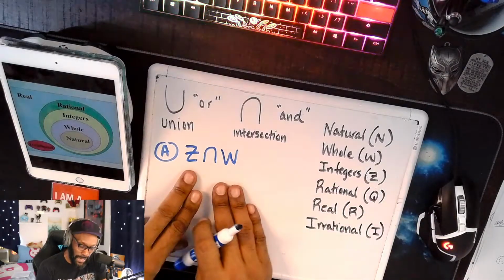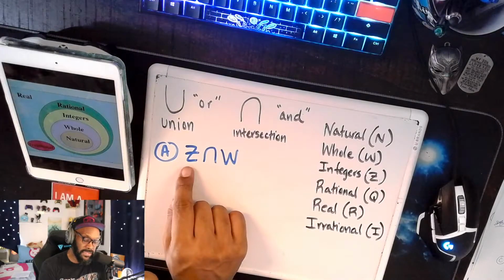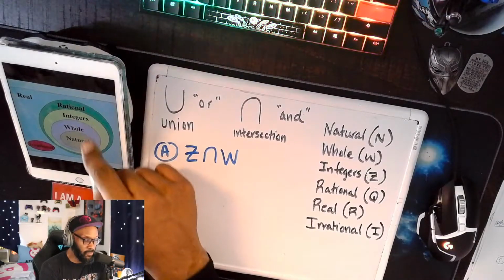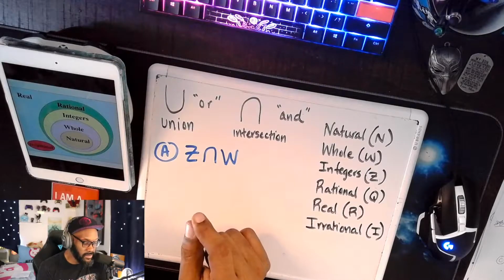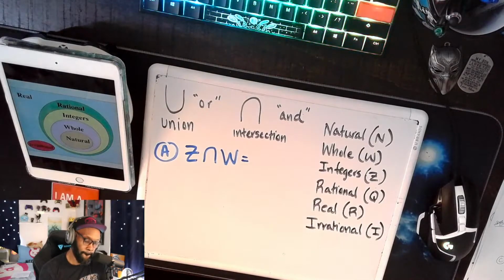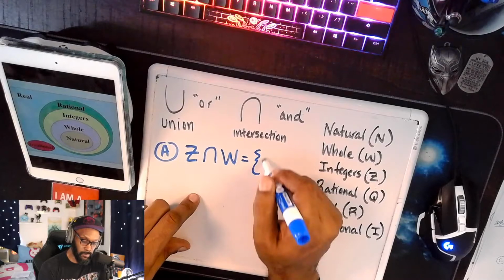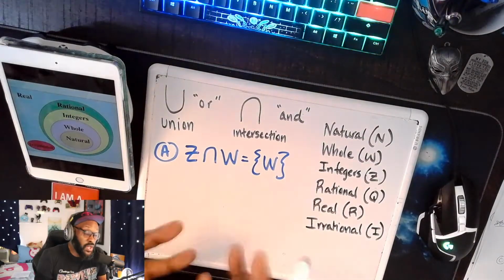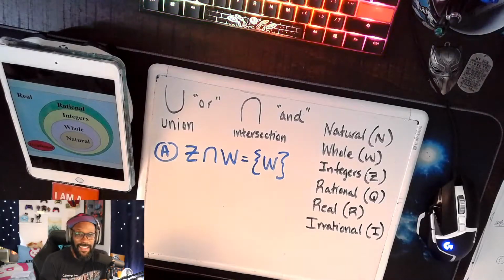In this problem, I want to look at the intersection, what they have the same, of the set of integers and the set of whole numbers. Using our infograph here, what's your answer? Your answer could be all the whole numbers, because we know you can't have negative whole numbers.